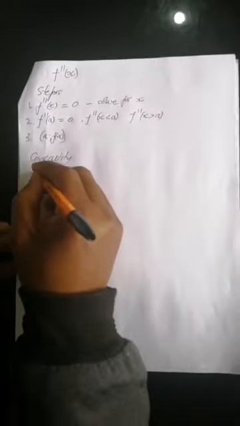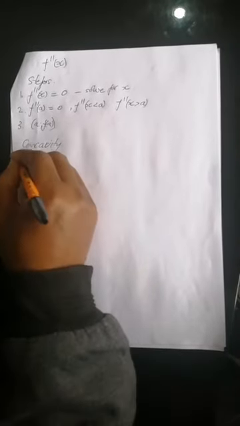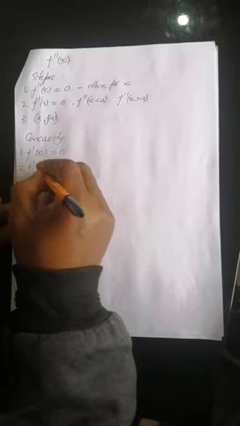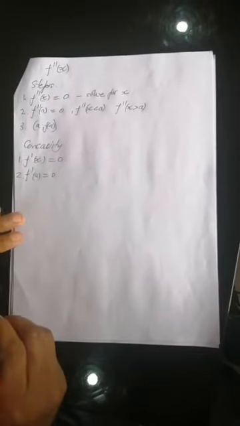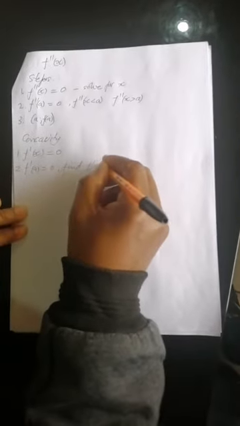There are steps to follow, and I'm going to give you only 2 steps here. The first step says solve for x if f dash of x is equated to 0. We are solving for x. After doing that, if f dash of a, that is number 1. Number 2, if f dash of a is equal to 0, we then find f dash dash of a.